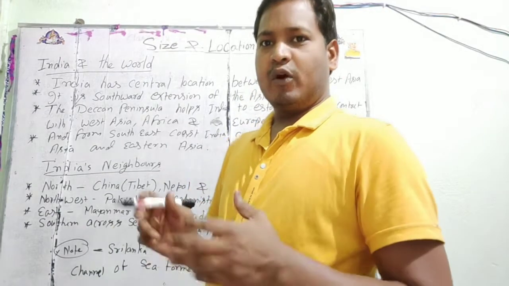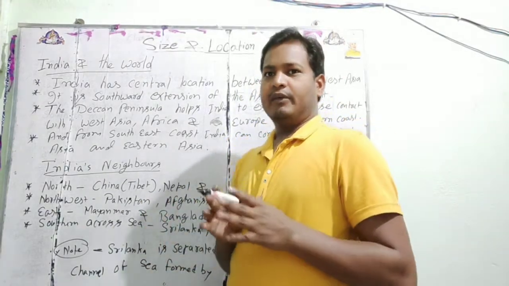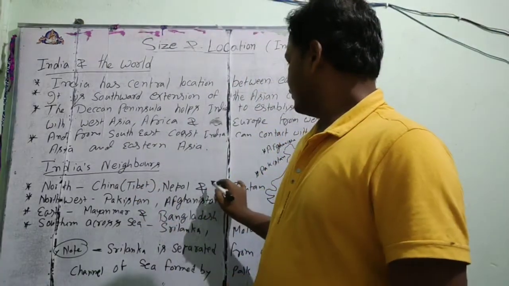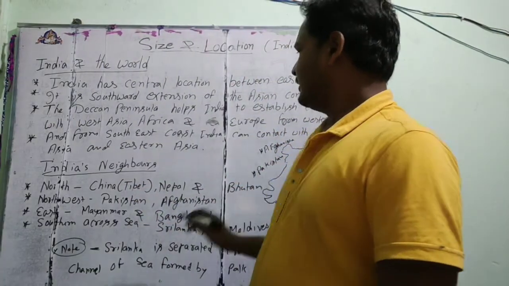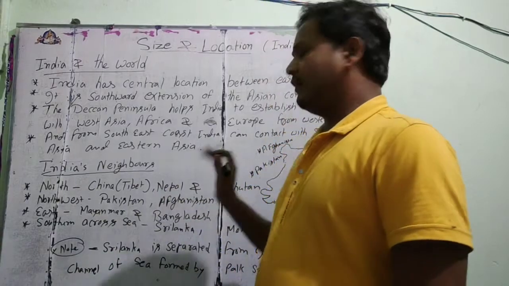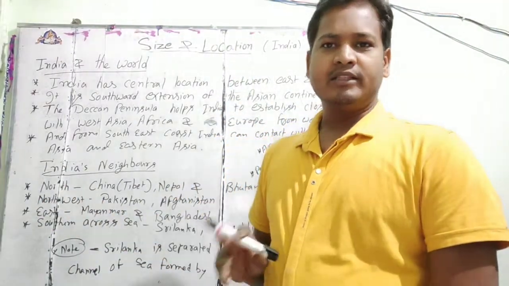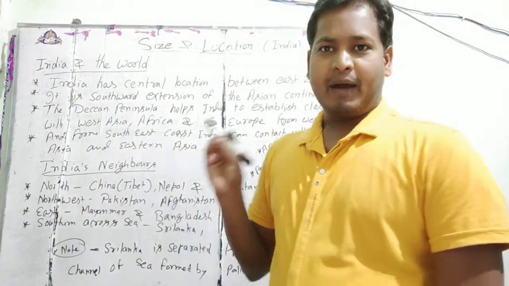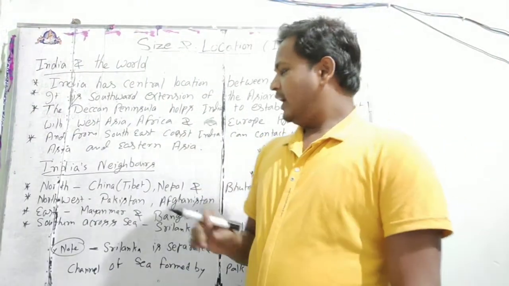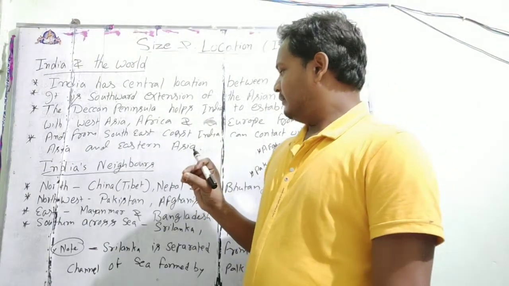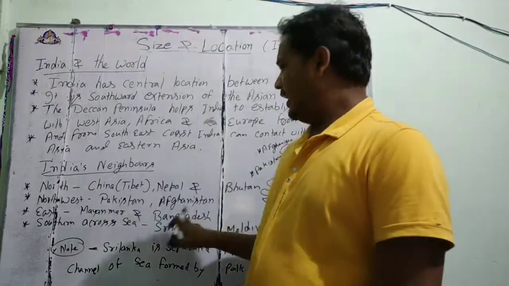Firstly, from the north, India has three neighboring countries: China, Nepal, and Bhutan. To the northwest, India has two neighboring countries, Pakistan and Afghanistan. And to the east, India has neighboring countries Myanmar and Bangladesh.